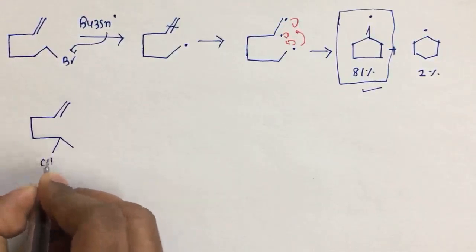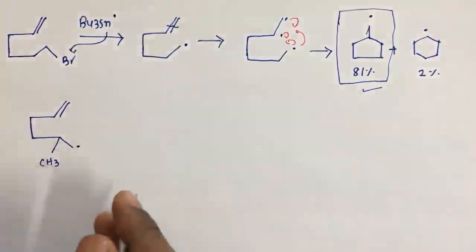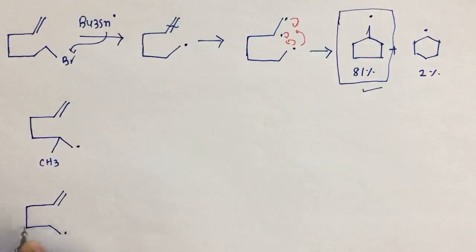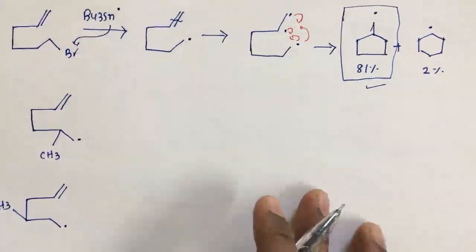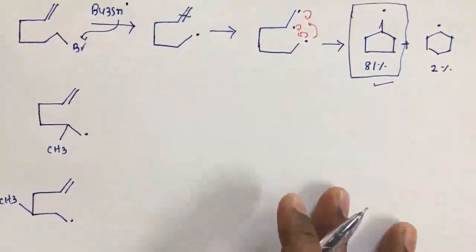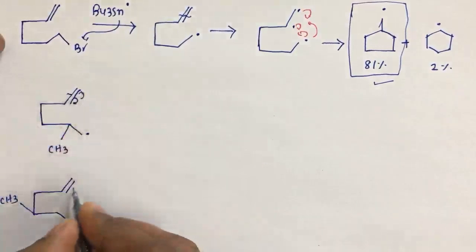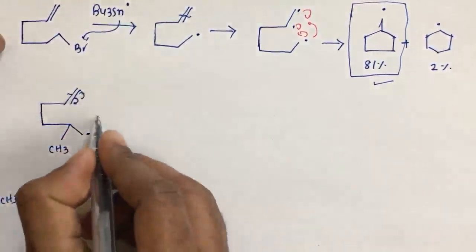Here a methyl group and here a radical is there. And another example is, here a methyl group is there. So now similarly we will do the homolytic cleavage here, and here also homolytic cleavage.